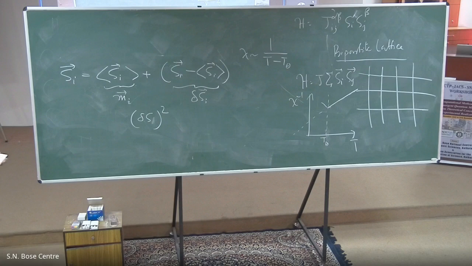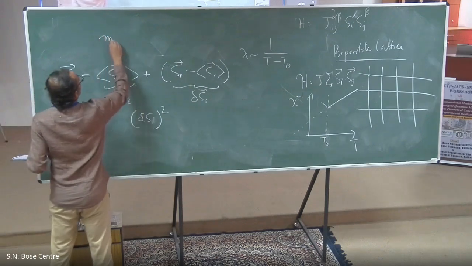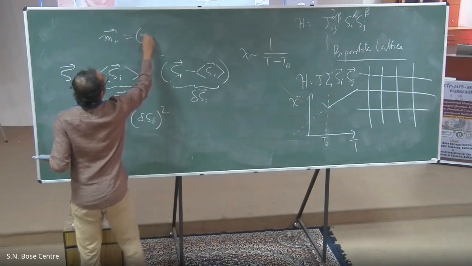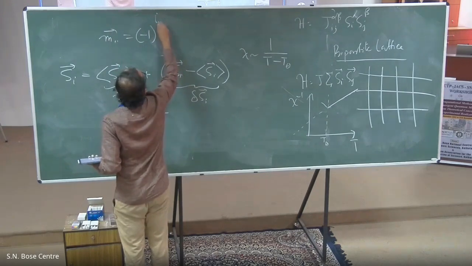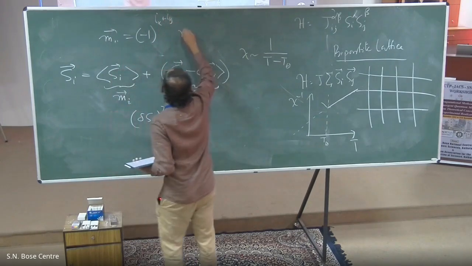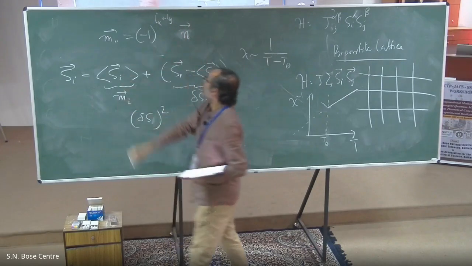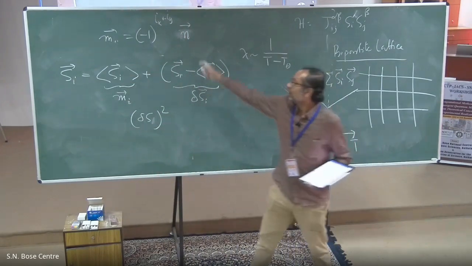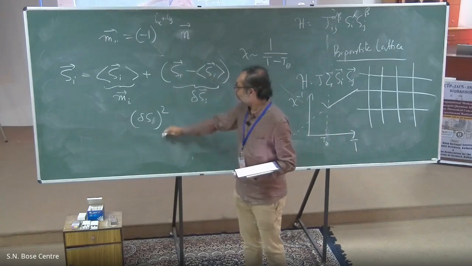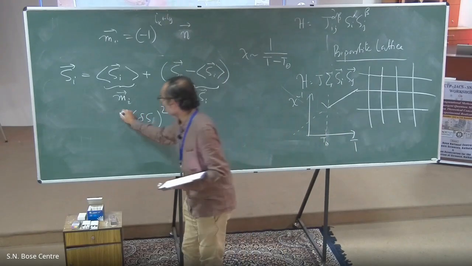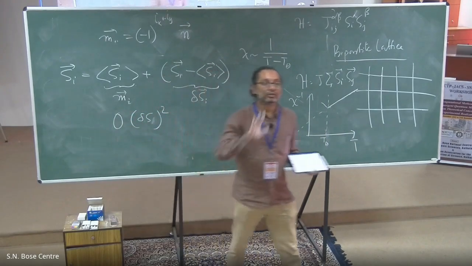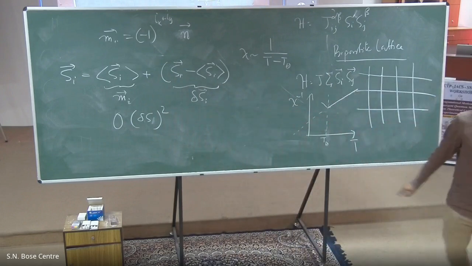We do this for the antiferromagnet. We choose m_i equal to minus 1 to the power i_x plus i_y times m, or a Neel vector, we call it N. If we choose this pattern and throw away everything of the order of delta S squared, we should recover all the Curie-Weiss mean field theory results.